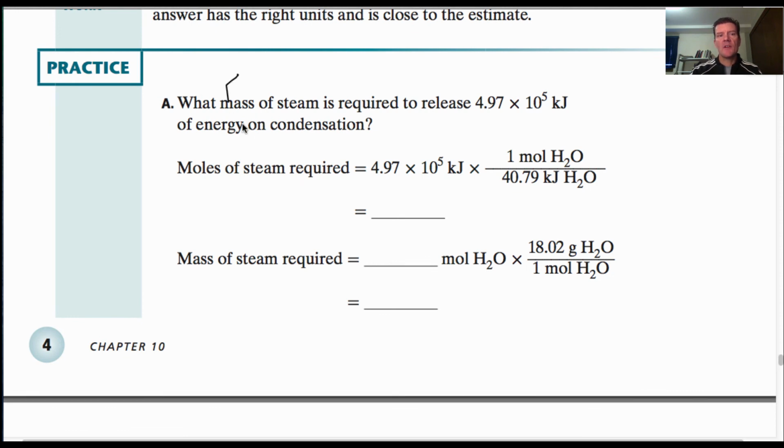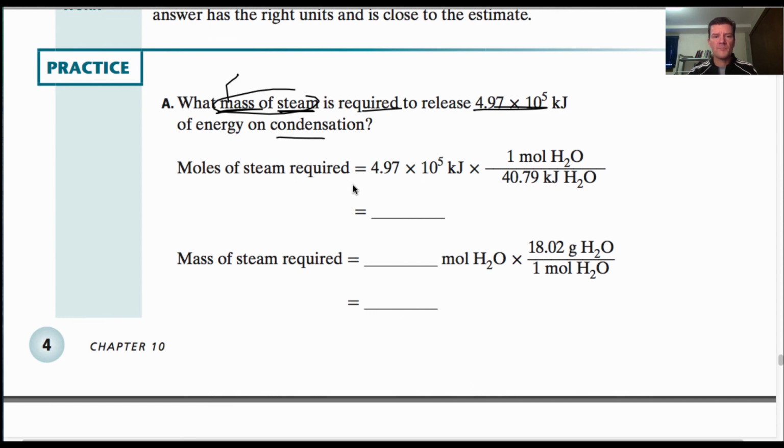Here again, what mass of steam is required to release this much energy? This time, you have the energy and you want to find out how much steam, the mass of that steam that was condensed.